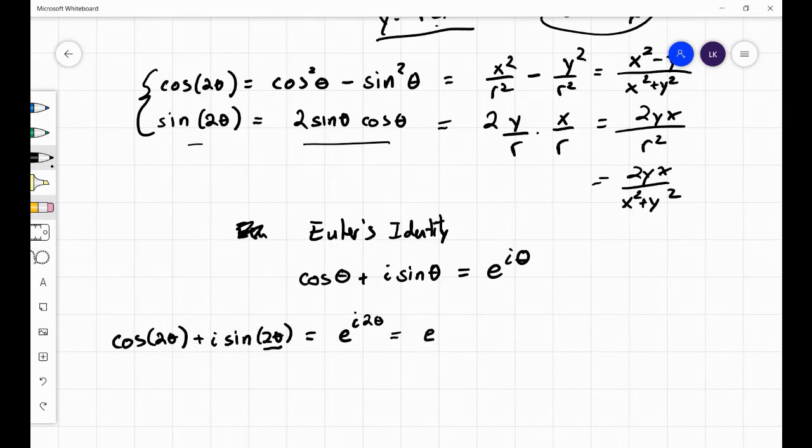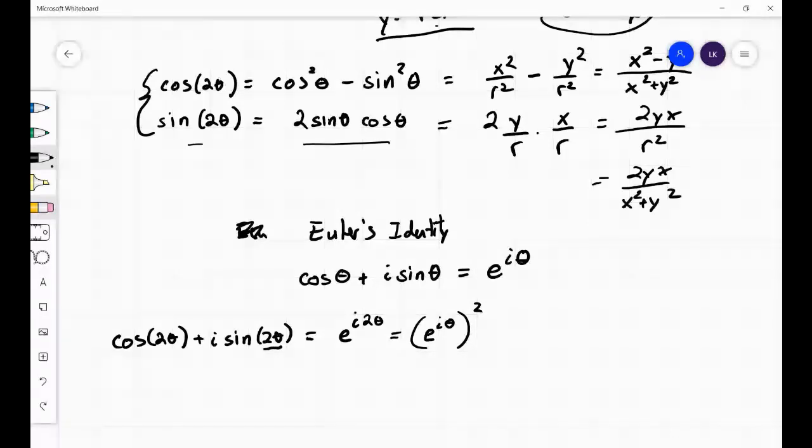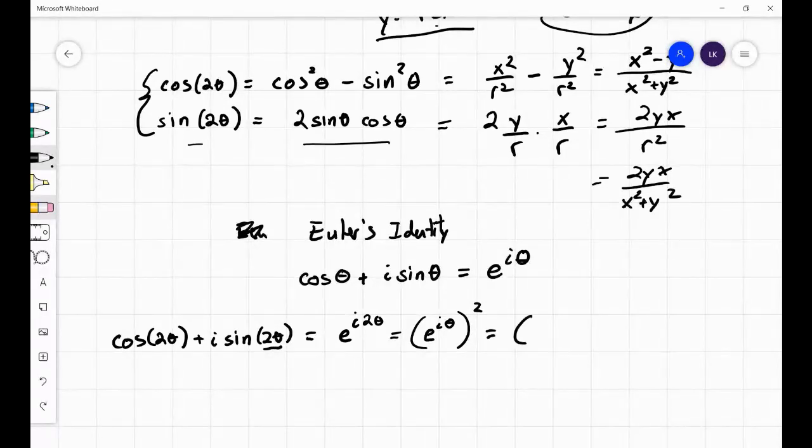And then trust that properties of exponents hold for complex numbers, so I can then write this as e to the i theta squared because of properties of exponents. And then for the e to the i theta, you can use Euler's identity again.